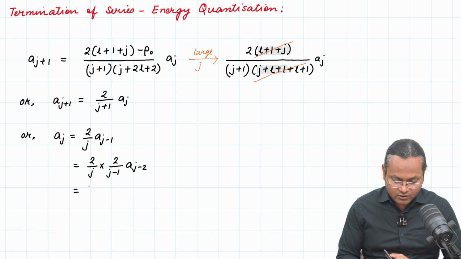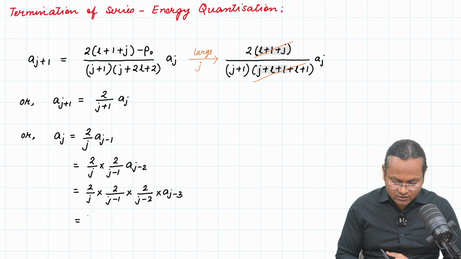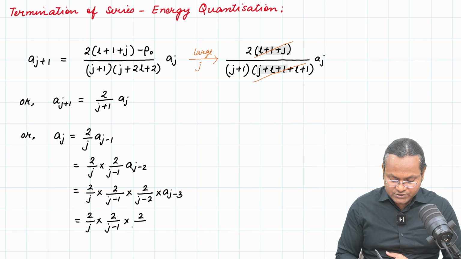What about a_{j-2}? That would also have a recursion formula that connects to a lower coefficient, which is 2 upon j minus 2 times a_{j-3}. What about the a_{j-3} term? That will also have a recursion formula connecting it to a lower term, which is 2 upon j minus 3 times a_{j-4}.